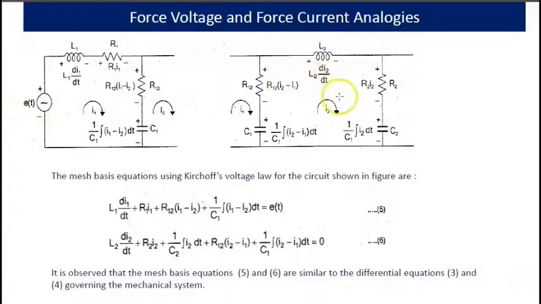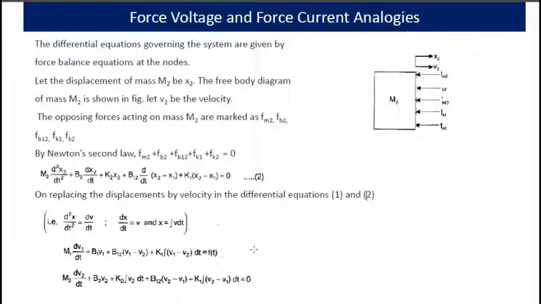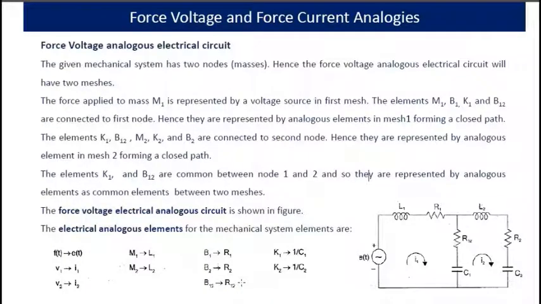Similarly, for the second mesh, we can write this equation. We can see that these two equations are similar to the differential equations for the mechanical system. In this way, we can draw the analogous circuit. This is force voltage analogous electrical circuit.